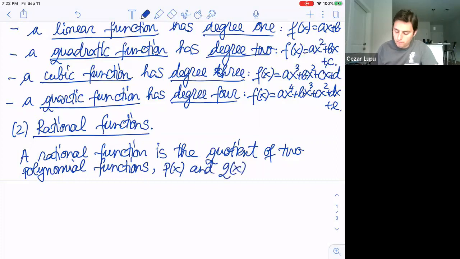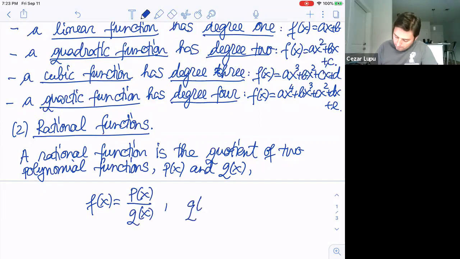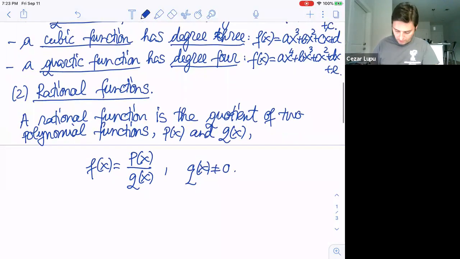And we will call this rational function f of x, which is p of x over q of x. And of course, this q of x has to be non-zero, so we can divide by it. So these are the rational functions.